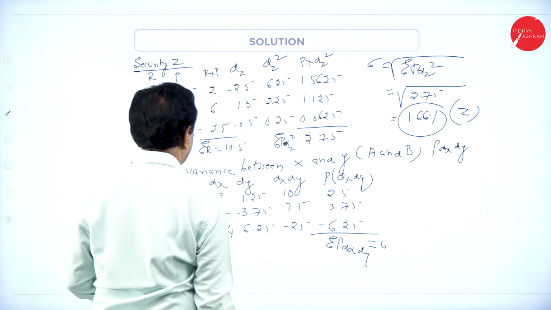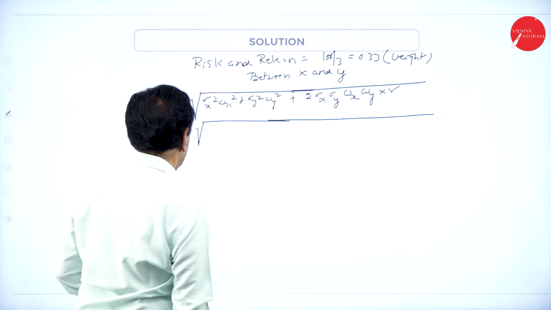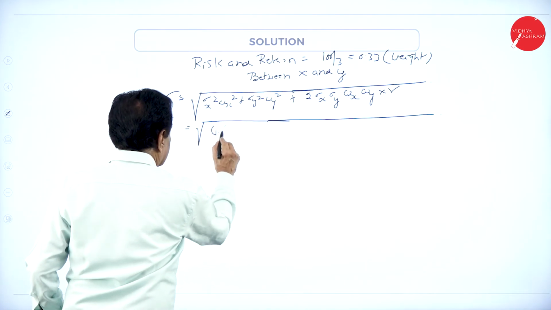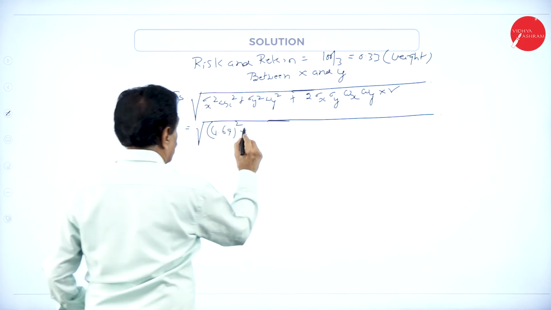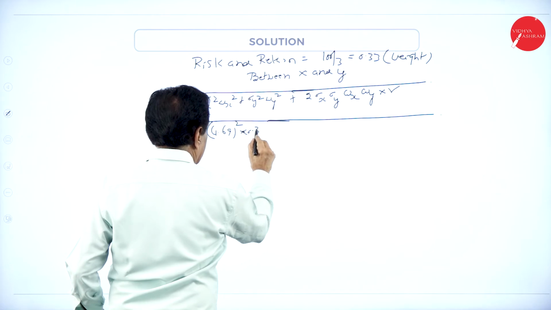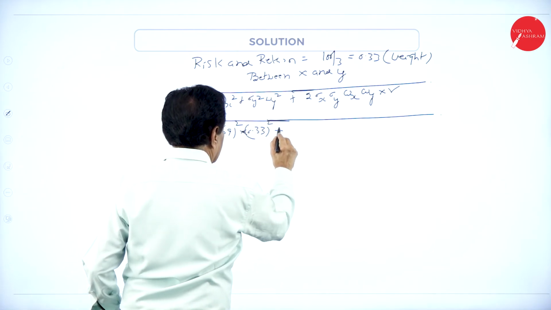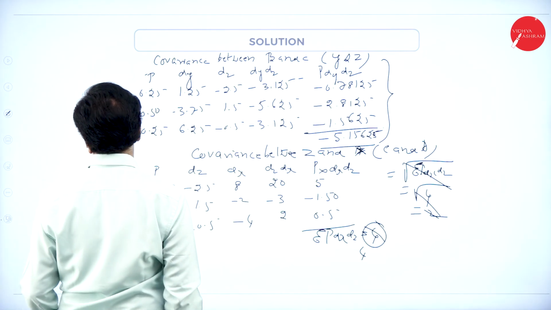Standard 4.69, 4.69 square into 0.33 whole square. What's your standard deviation Y square?